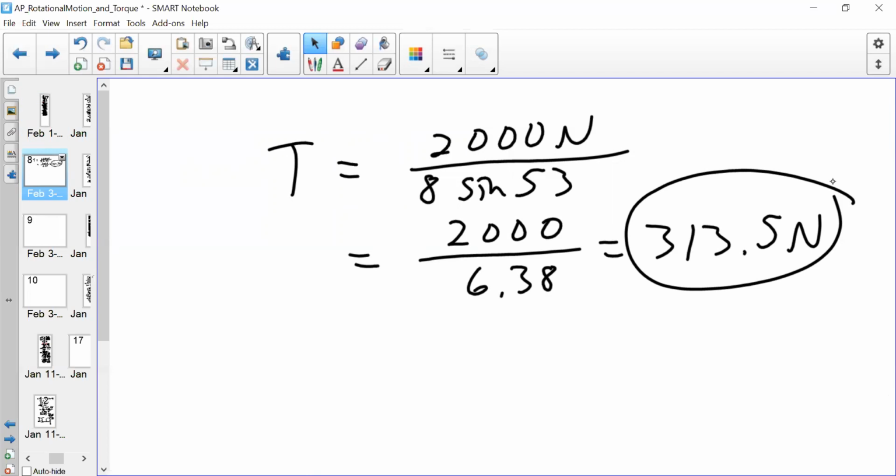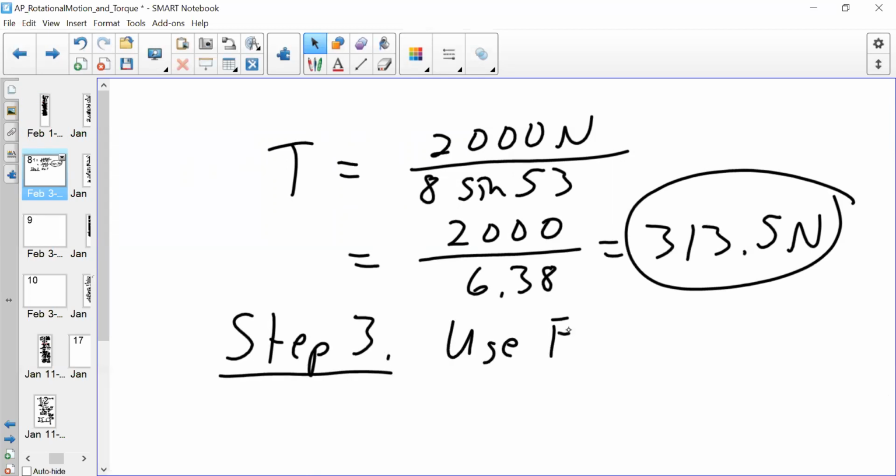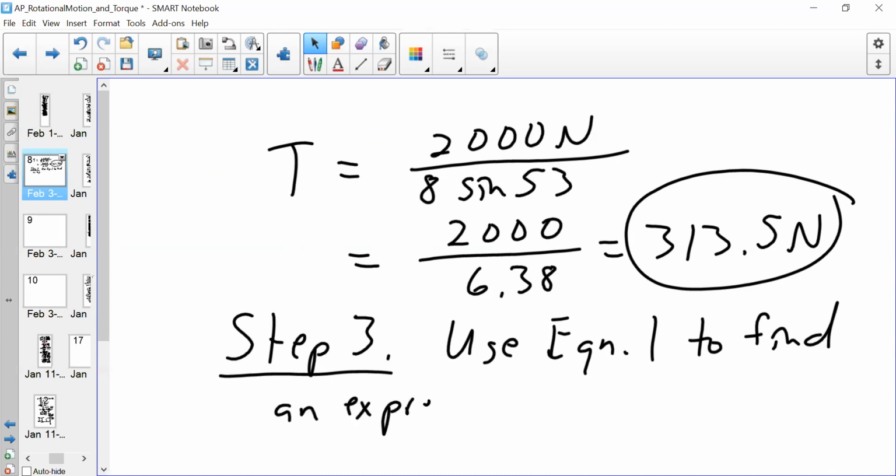Questions? So now what? In order to get the R force, step 3, one thing we can do is use equation 1 to find an expression for R cosine theta, or you can use equation 2 to find an expression for R sine theta.